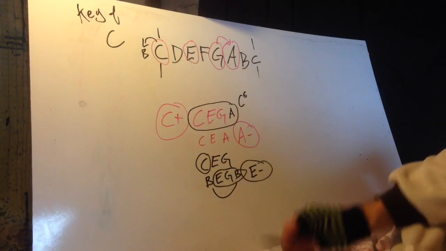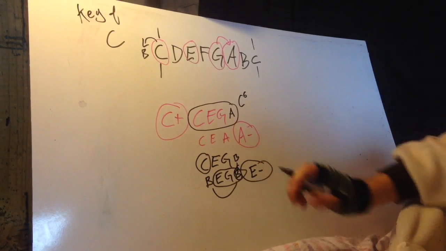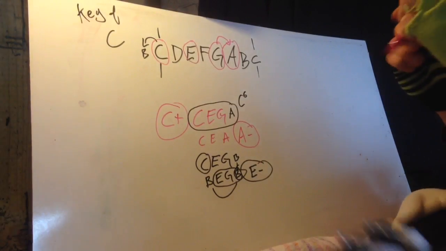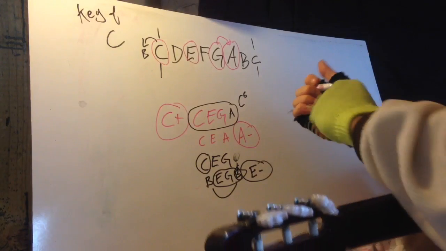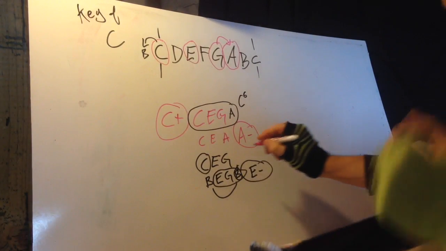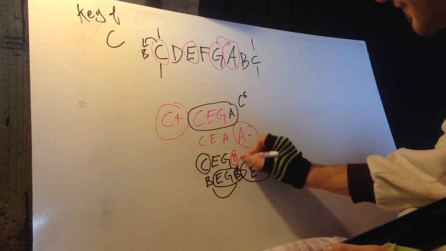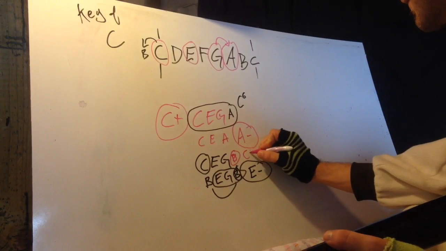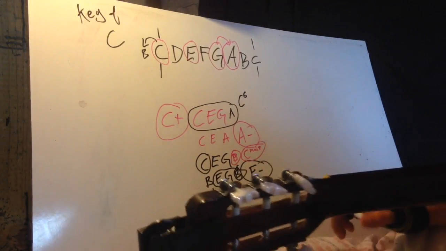And if you were to add in that B, let's switch back. If you add in that B right there, you get a C major 7th.